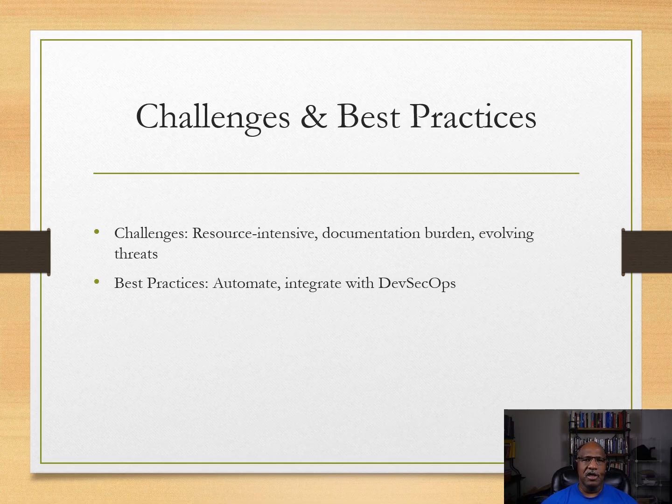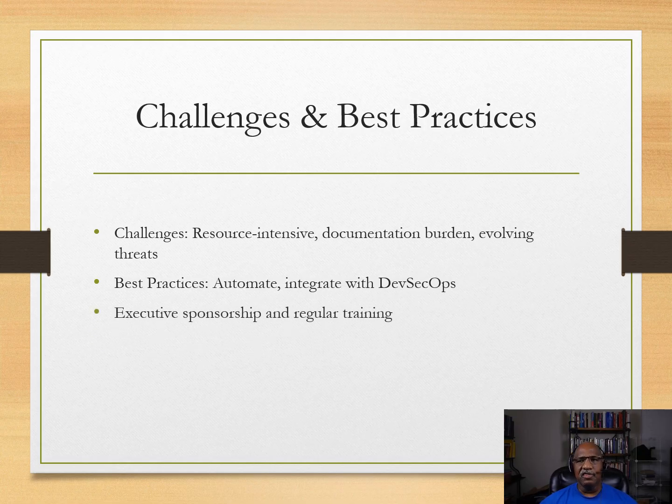You also want to integrate that in your DevSecOps process when you're talking about the development of software. You want to make sure that every phase in the DevSecOps process has security activities, and then you also want to make sure that they have gates that allow you to go from one phase to the next phase to the next phase until it gets promoted into production.